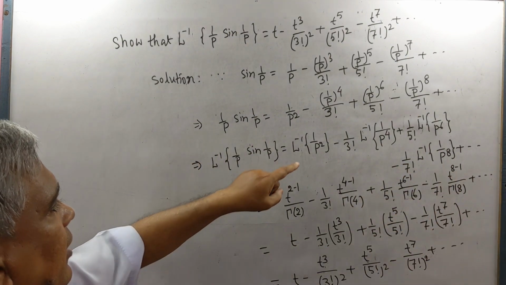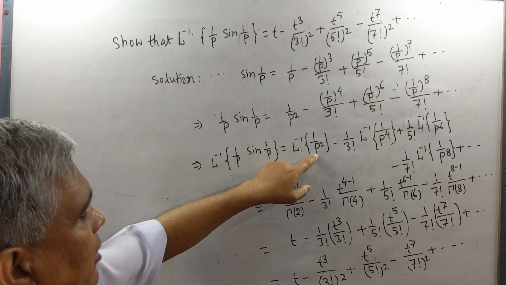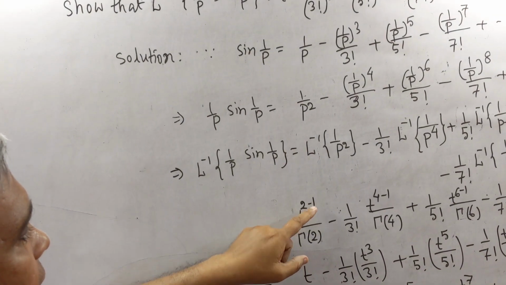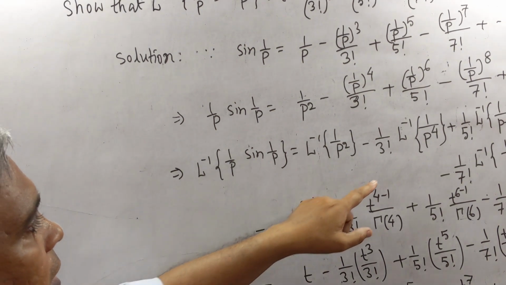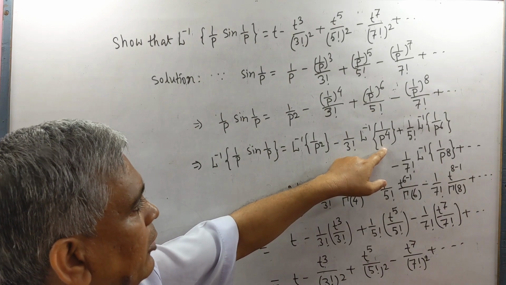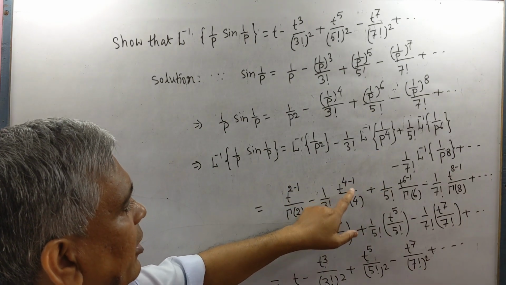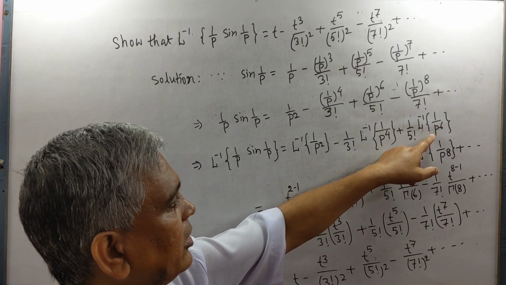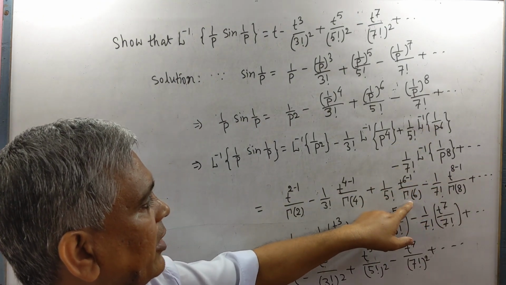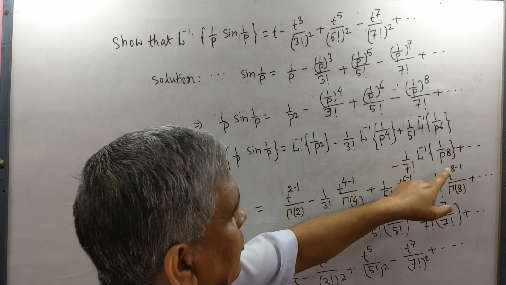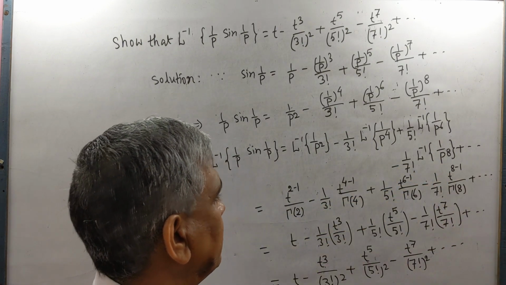Now find L inverse 1 by p square is t to the power 2 minus 1 by gamma function 2. Here L inverse 1 by p to the power 4, t to the power 4 minus 1 by gamma 4. Here L inverse 1 by p to the power 6, t to the power 6 minus 1 by gamma 6. Here t to the power 8 minus 1 by gamma 8.